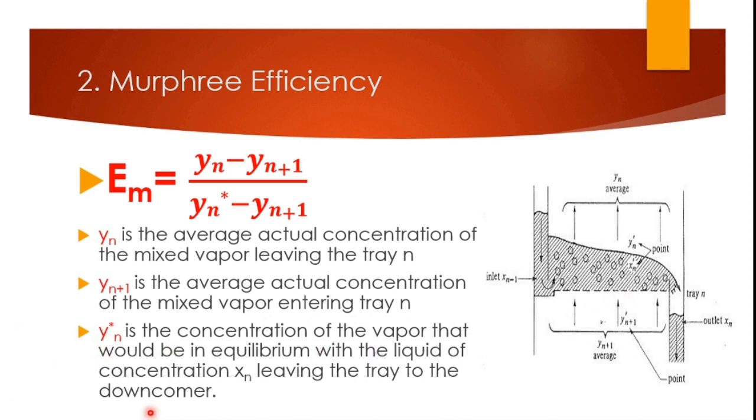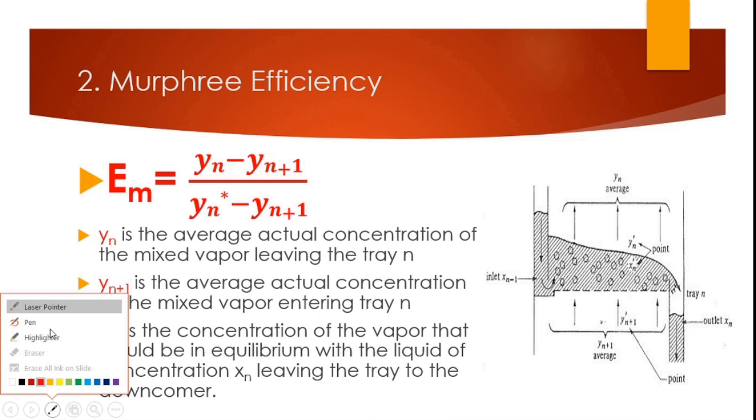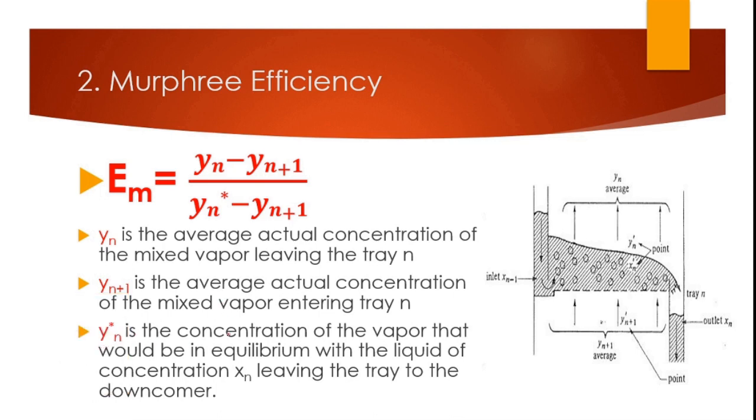Yn star is actually the concentration of vapor that will be in equilibrium corresponding to the outlet xn. This is the outlet xn. Now corresponding to this outlet, whatever is the equilibrium composition, you will have some y star. Now this y star corresponding to this xn can be easily found out from the equilibrium data available in any handbook.